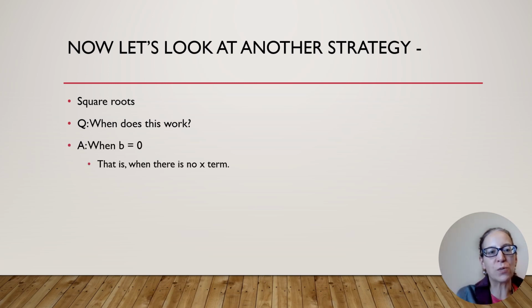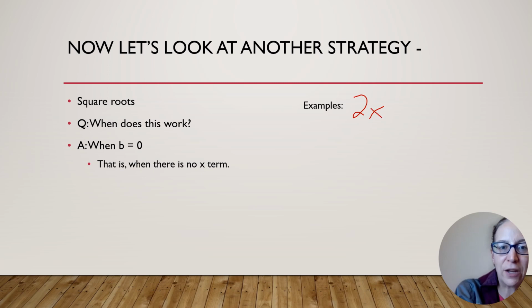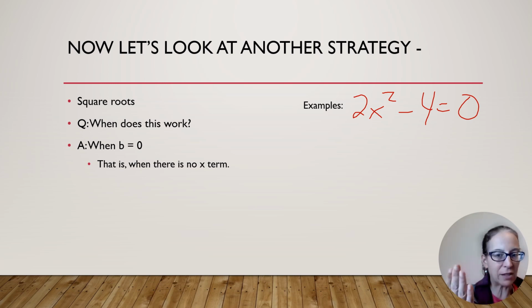So when does this work? This works when your b value is equal to 0, and a clarification there: that is when there is no x term. So you might be wondering, okay, Ms. Taylor, what do you mean by that? Well, I'm glad you asked. It could be something like 2x squared minus 4 equals 0, where you have the x squared and you have the constant, but you don't have that b term.